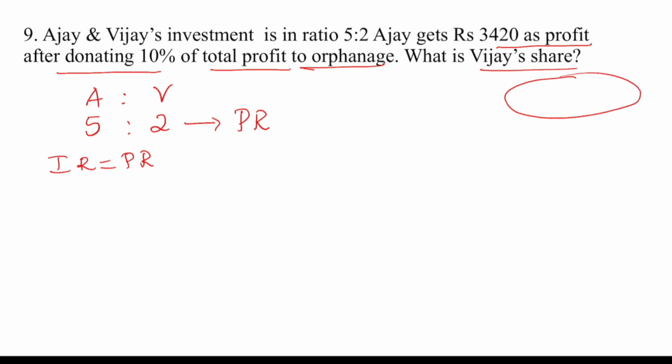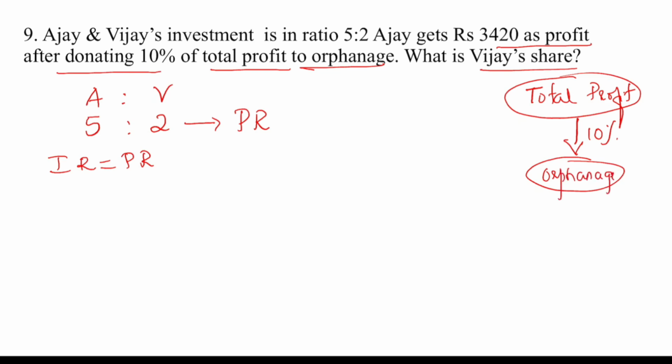Now we want Vijay's share. There is some total profit, and 10% of this profit they are giving to the orphanage. After giving that, 90% is remaining. If 100% is the total profit and 10% they give to the orphanage, 90% will remain.